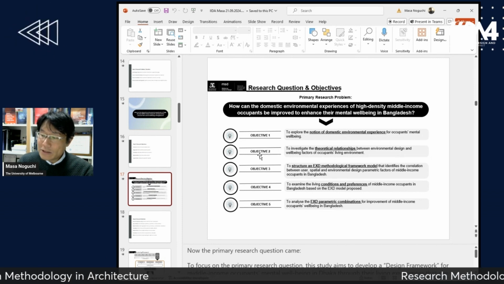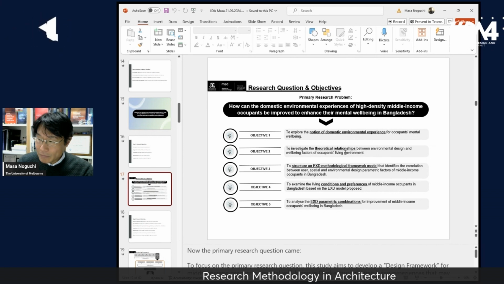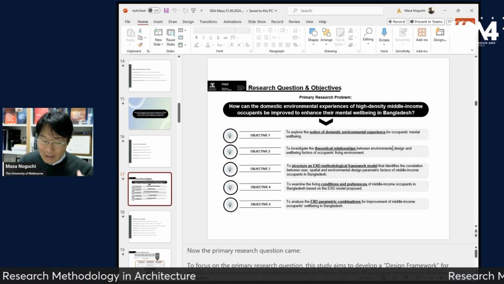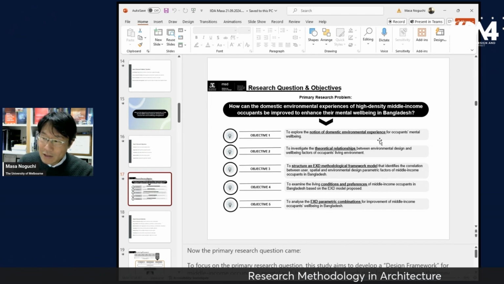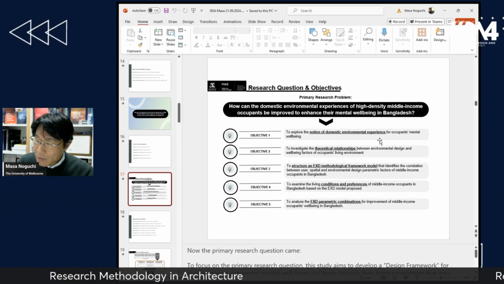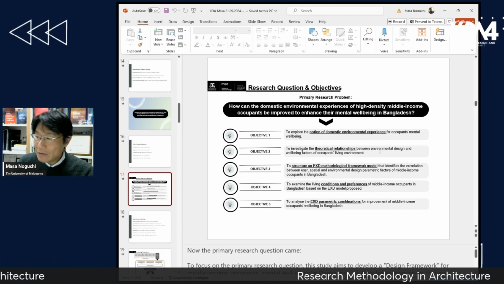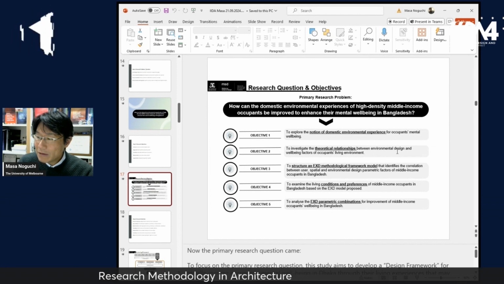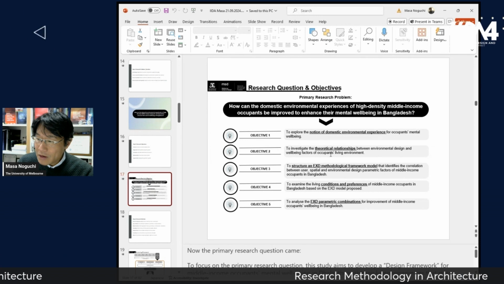Objective two is to investigate the theoretical relationship between environmental design, such as thermal comfort, temperature, humidity, indoor air quality or indoor environmental quality, and vision, privacy, etc. So these are physical environmental design and well-being factors of the occupants.